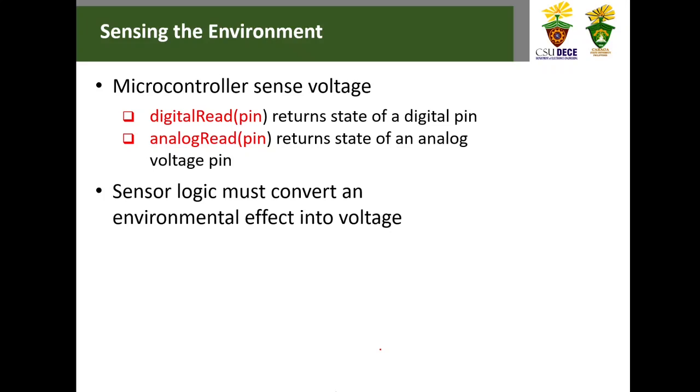So there are certain scenarios pod nga, like for example sa digital nga mga input like push button, kinahanglan nato ang correct nga connection for us to read, kay dili man siya directly nga voltage ang iyahang gina-output, unlike other sensors that would automatically output voltage.